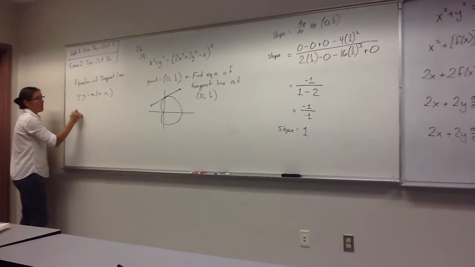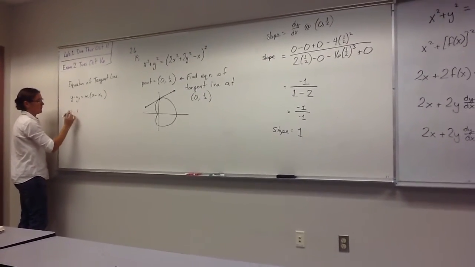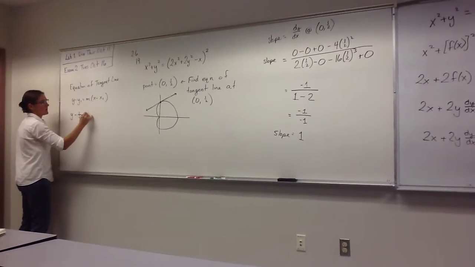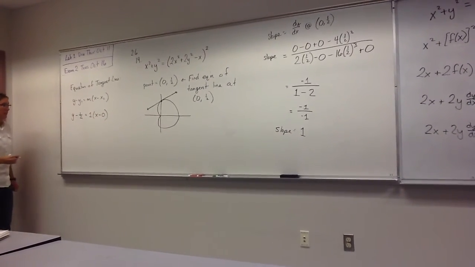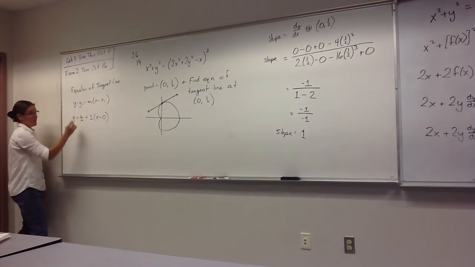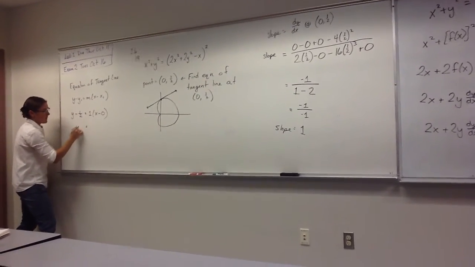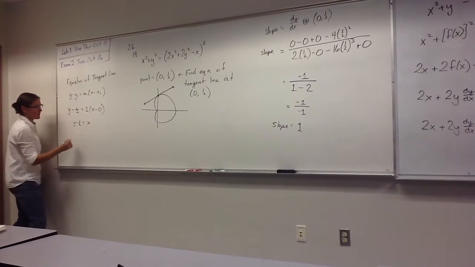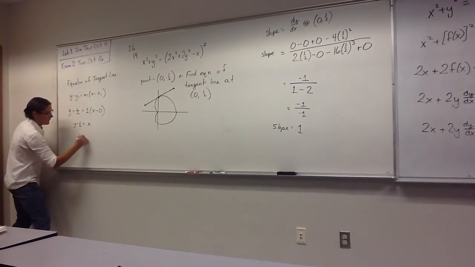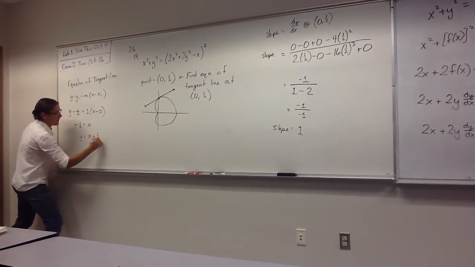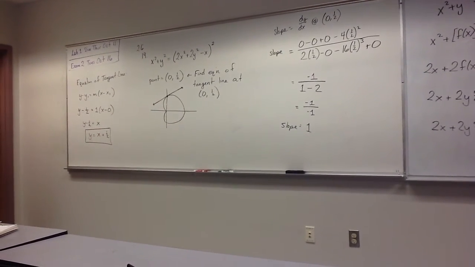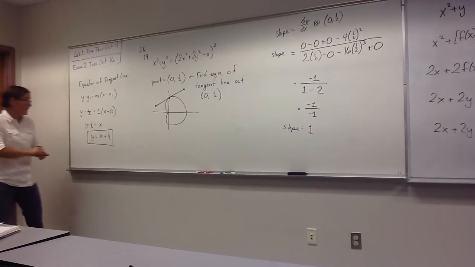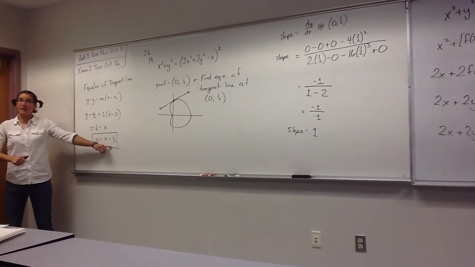And so we've got y minus 1/2 is equal to 1 times x minus 0. And so all of this work that we've done comes down to y minus 1/2 is equal to x, and we'll add 1/2 to both sides, so we have y is equal to x plus 1/2. All right, are there any questions? This is our final answer on this particular problem.